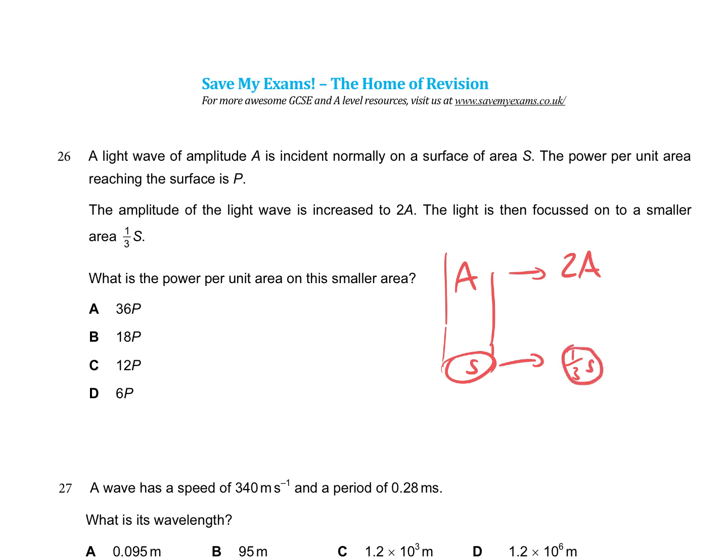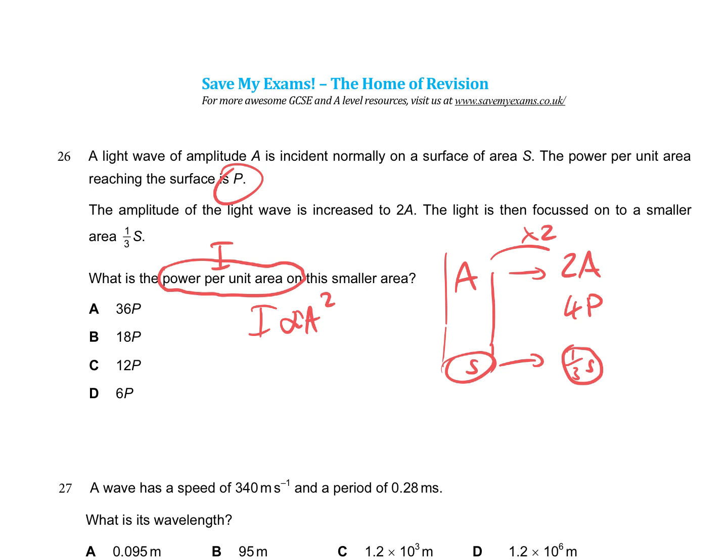So we're going to expect the intensity, or the power per unit area, seeing if you know your definition, power per unit area is intensity, is going to be more. First of all, what happens with the amplitude? Well, remember that intensity is proportional to amplitude squared. So if we double the amplitude, we're going to have 4 times the intensity. So 4 times the power P, or the intensity I, depending on which one you use, but they're referring to it as P, so 4P.